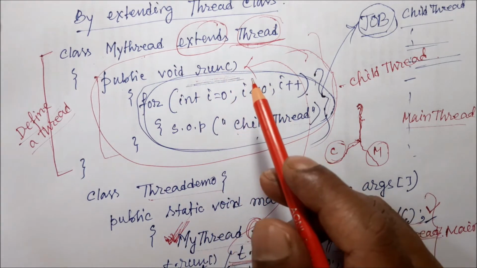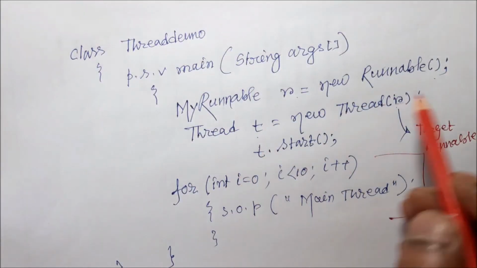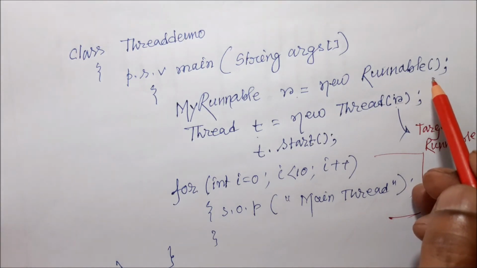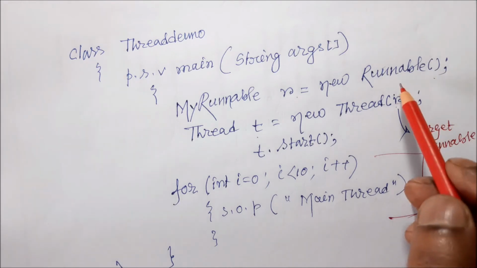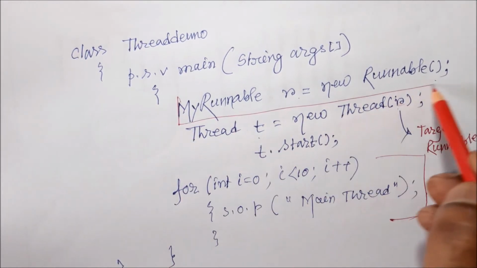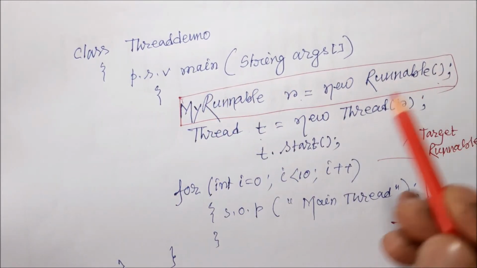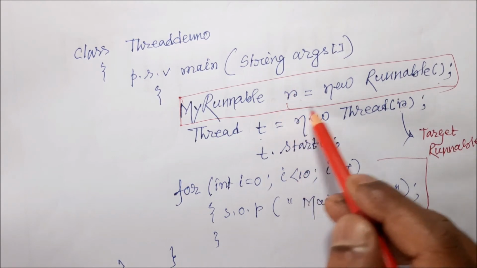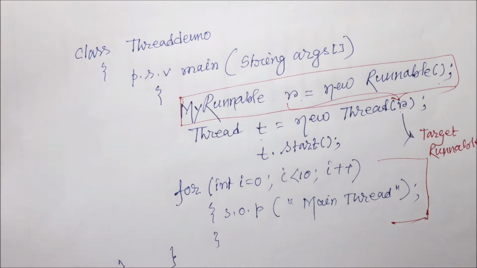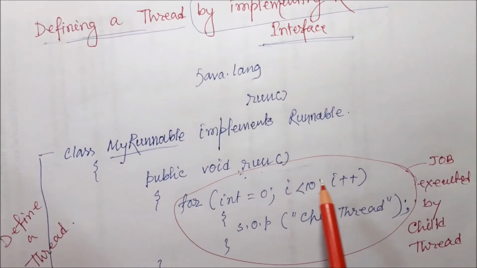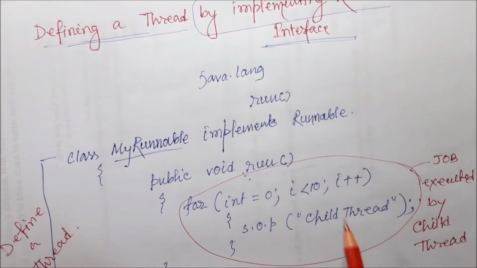But here the difference is we have to first create the object of the class which implements the runnable interface. So this line is very important. After that we have to pass the object through the constructor of the thread class. That means there is a link, so it will execute the target runnable run method.